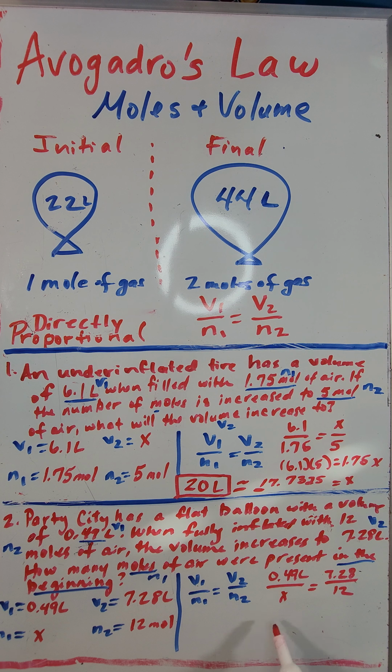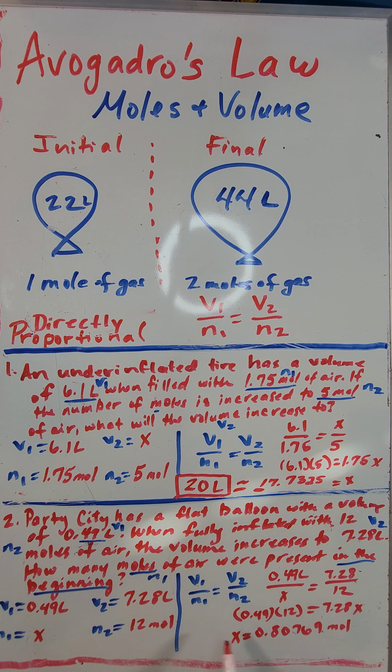Cross multiply and divide, so we end up with 0.49 times 12 equals 7.28 X. Then when you multiply and divide, your X will equal 0.80769, and that is moles.